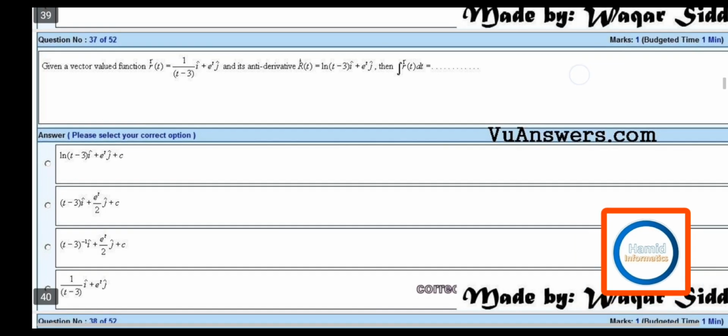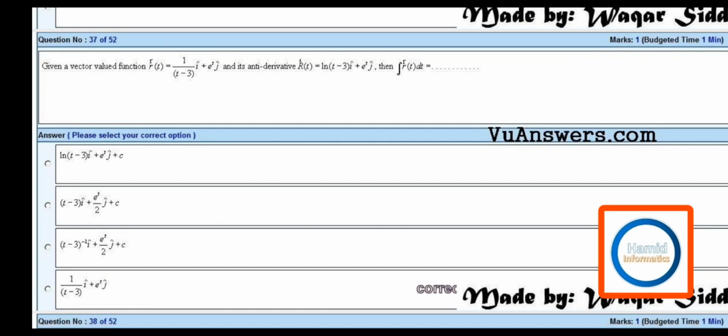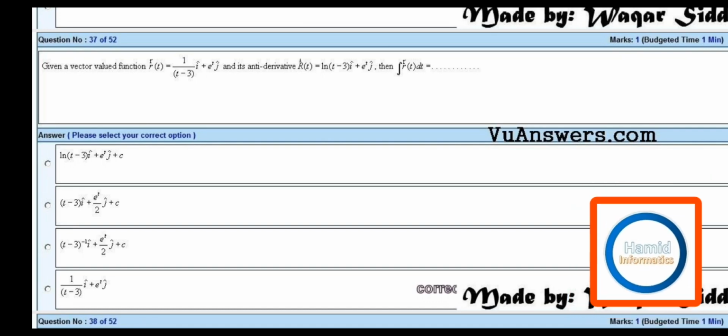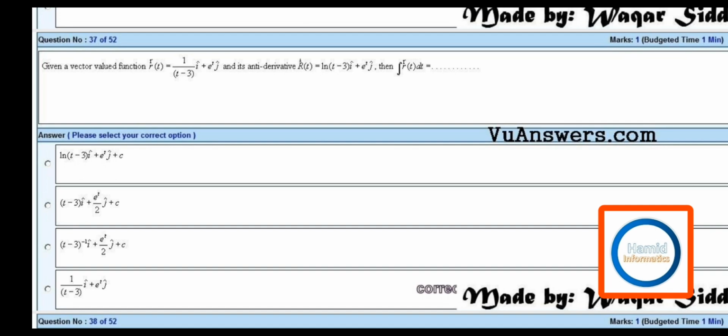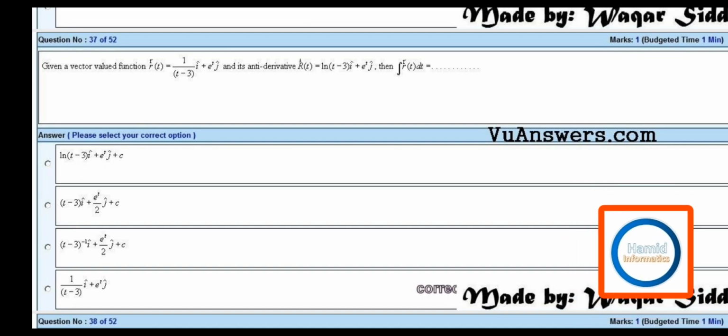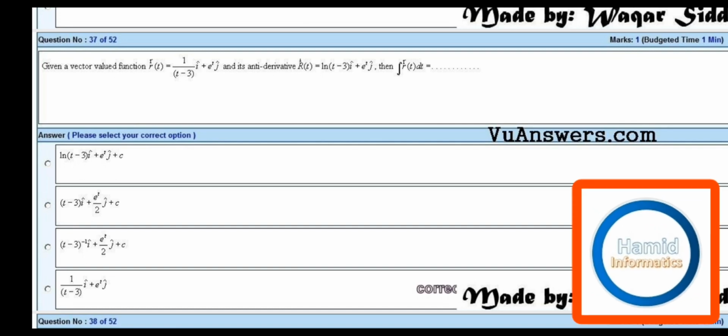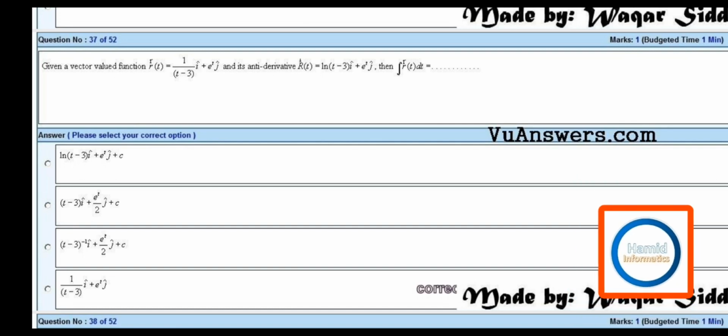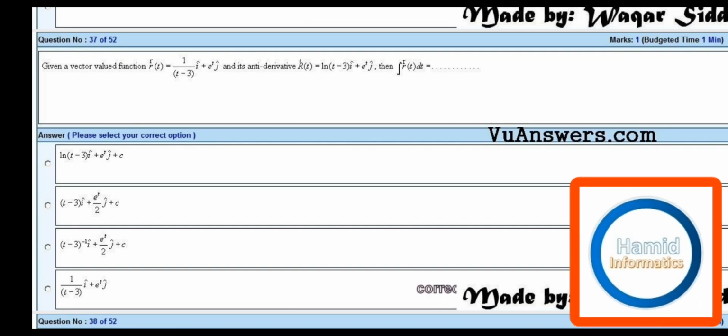Next one is, given a vector valued function r'(t) equal to 1 over (t minus 3) unit vector i plus e to the power t unit vector j and its antiderivative r1(t) equal to log of (t minus 3) unit vector i plus e to the power t unit vector j, then the integral of r'(t) dt is equal to, and the answer is the last one, log of (t minus 3) i plus e to the power t j.